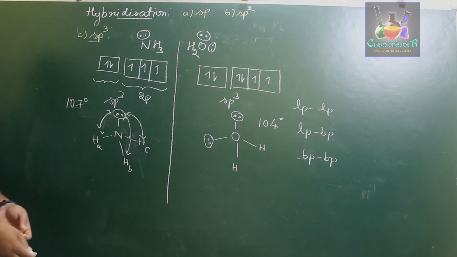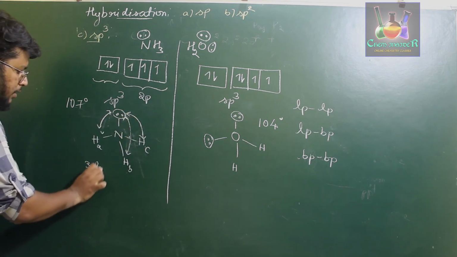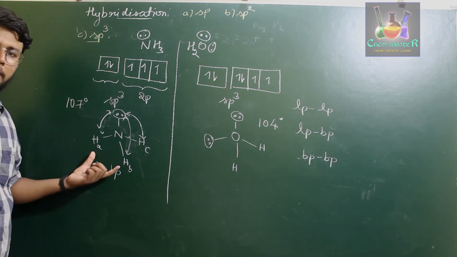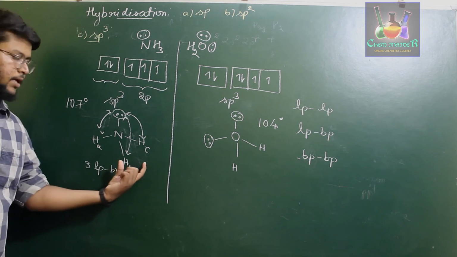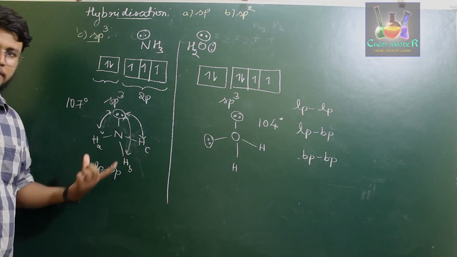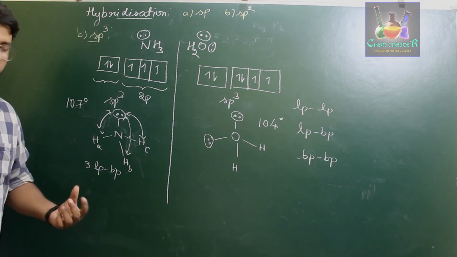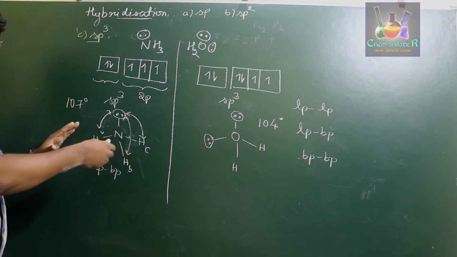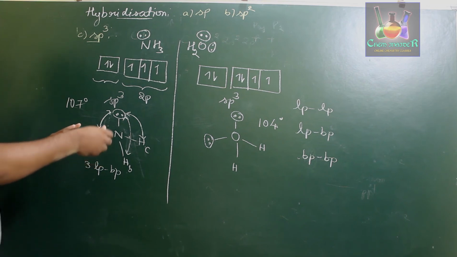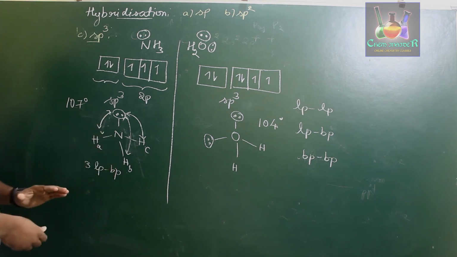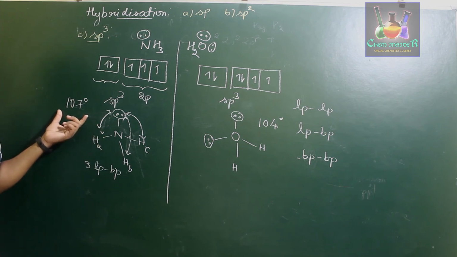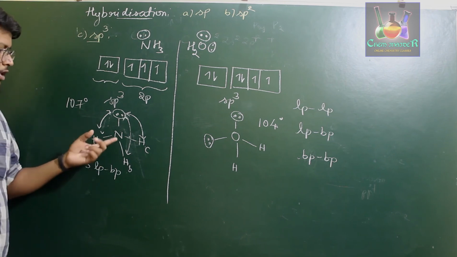The bond pair repulsions among Ha-Hb, Hb-Hc and Ha-Hc are quite less when compared to the lone pair-bond pair repulsion. These 3 bonds, which are formed in a tetrahedral geometry, will shrink towards each other and result in a bond angle of 107 degrees between the hydrogen-nitrogen-hydrogen bonds.